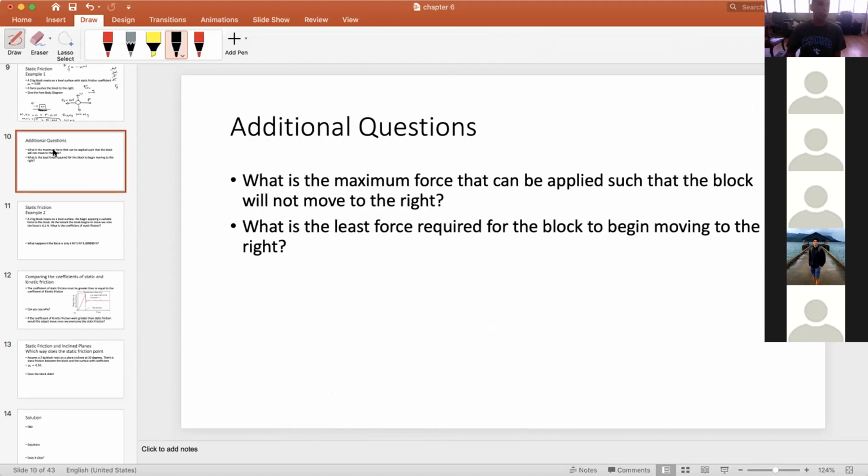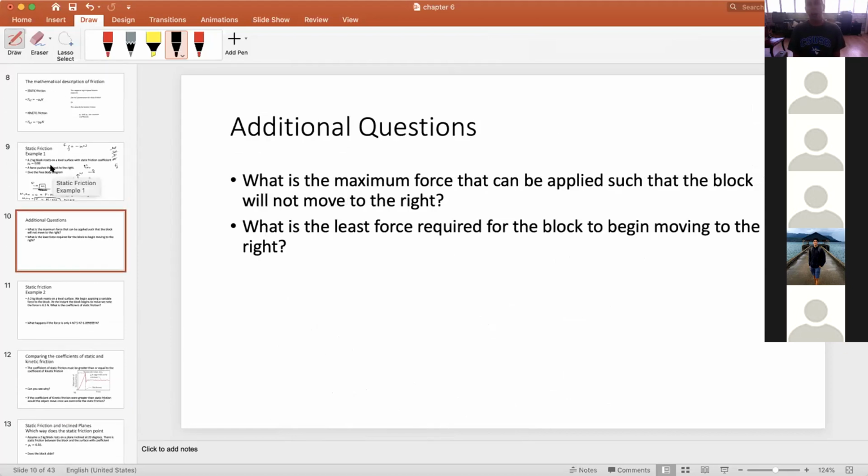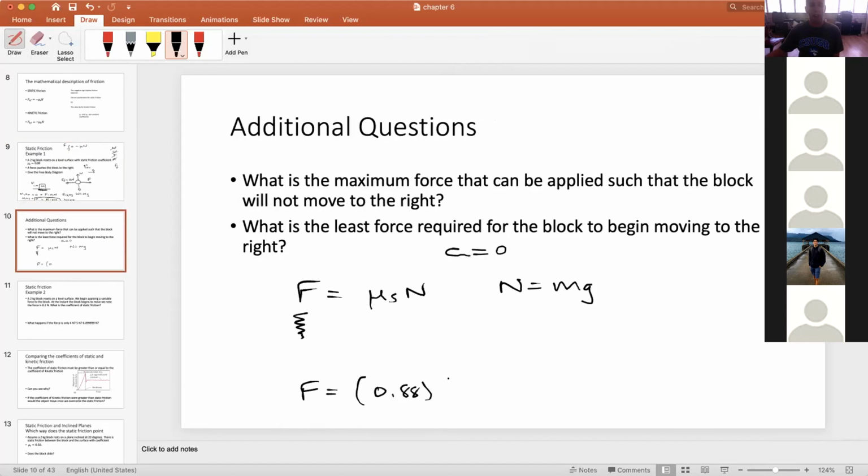What is the maximum force that can be applied such that it will not move to the right? So we got that F was µsN, and N was mg, and a was 0 for ax and ay. We want the maximum value this can be. Well, F is equal to, what did they say, 0.88 times µs mg.